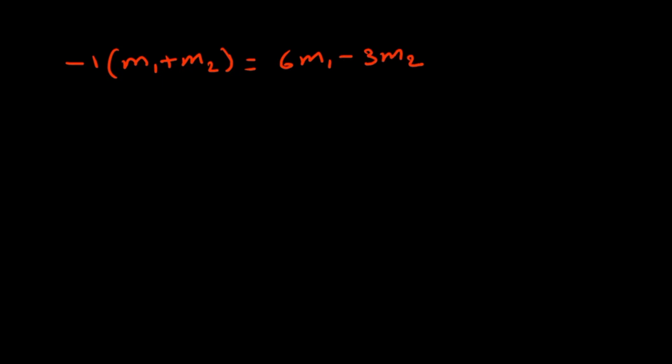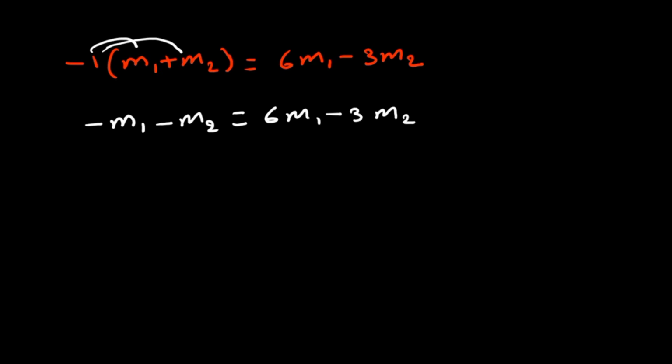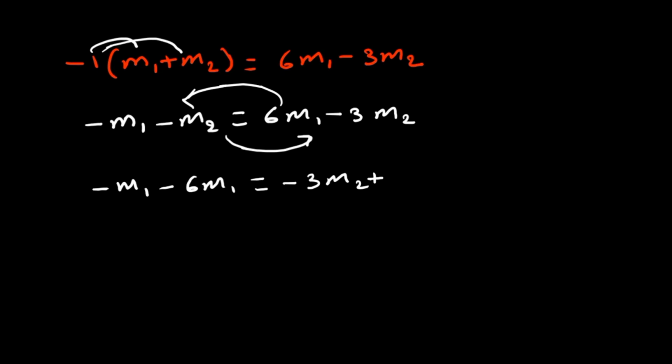Next, we transpose: -1 times (m1 + m2) equals 6m1 - 3m2. Using the distributive property, -m1 - m2 = 6m1 - 3m2. Transposing 6m1 and m2, we have -m1 - 6m1 = -3m2 + m2, so -7m1 = -2m2.